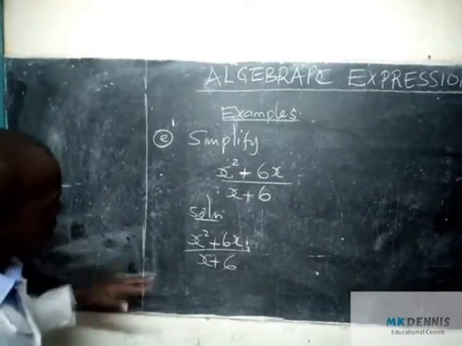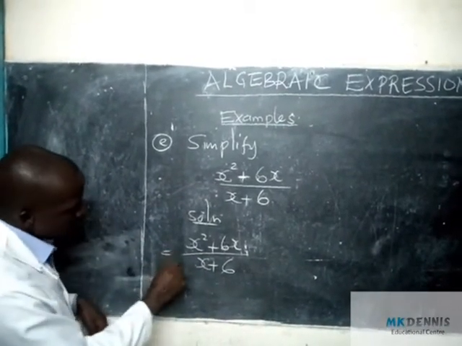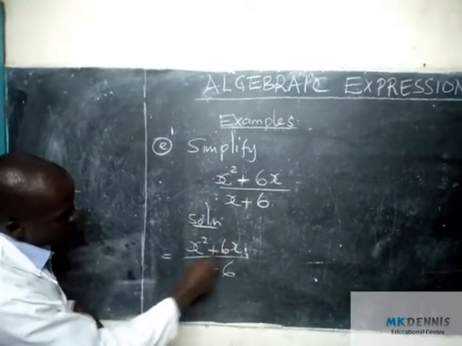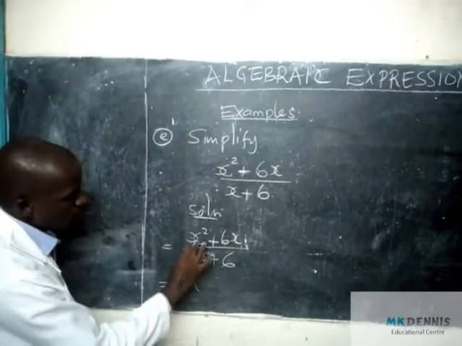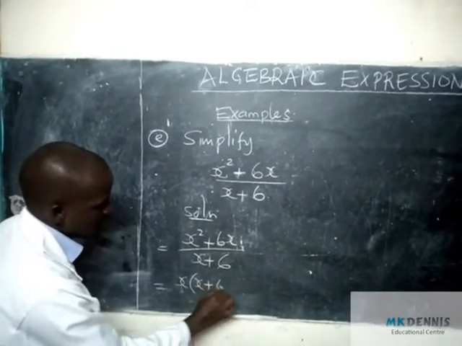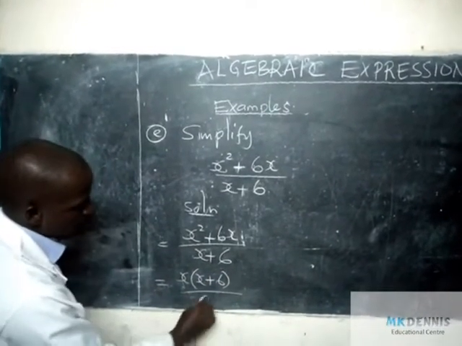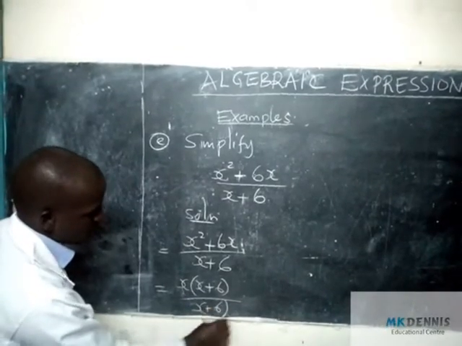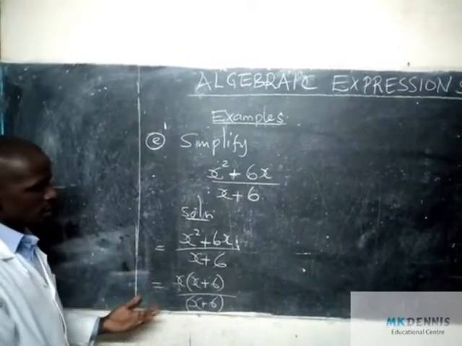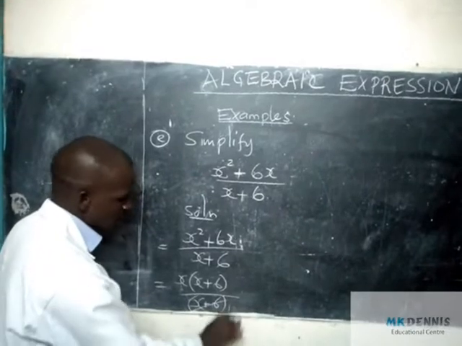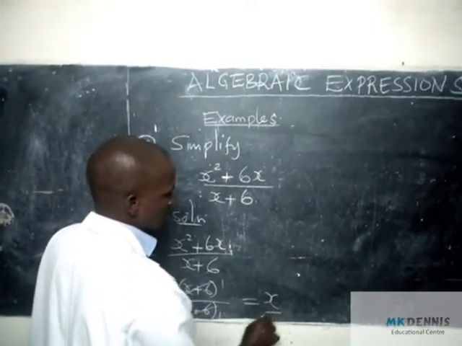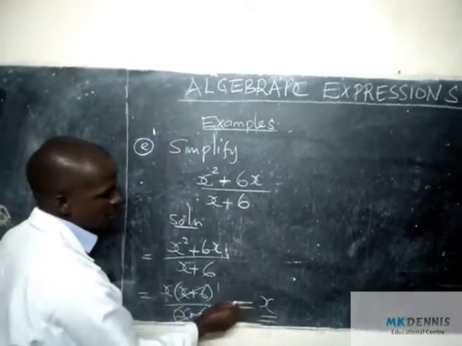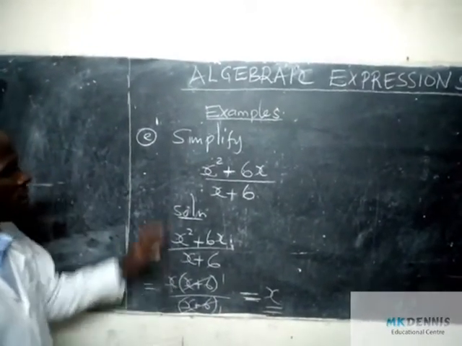What is common in both? x is common, so you can factorize x into x plus 6 over x plus 6. Actually, x plus 6 over x plus 6 is 1, so our answer is x.